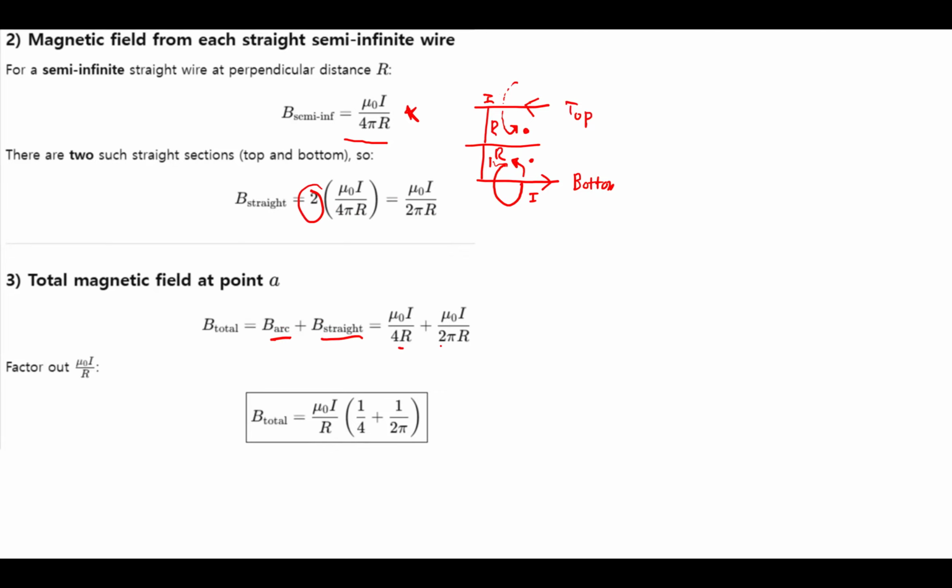Then you can find out the vector sum. Note that they are all the same directions, so that the vector sum becomes scalar sum. Okay, and then we can get this one.